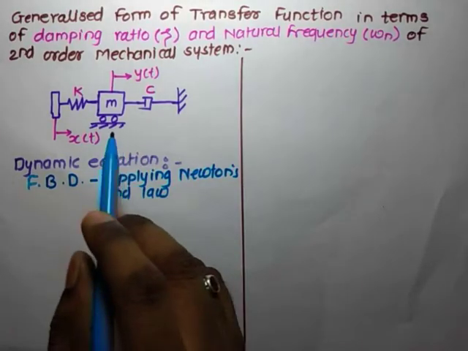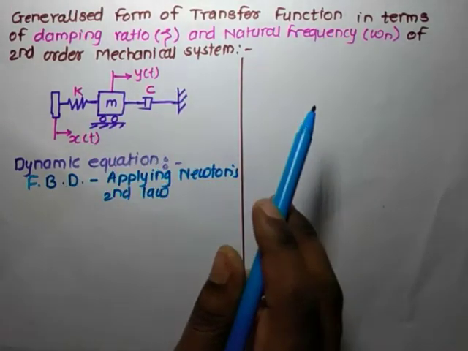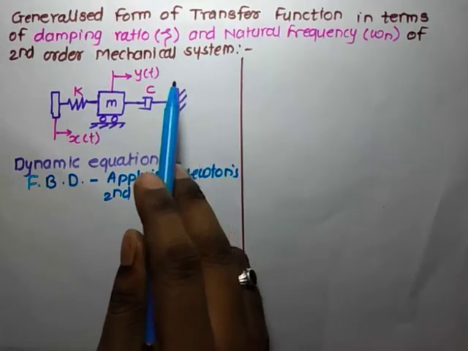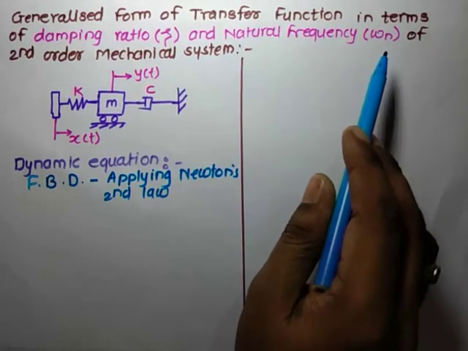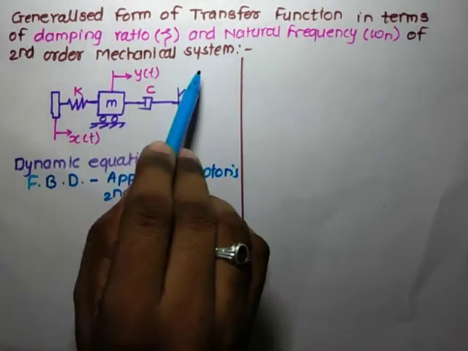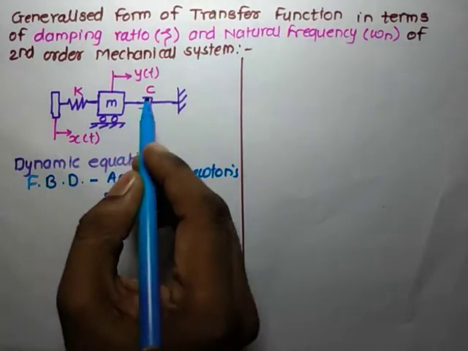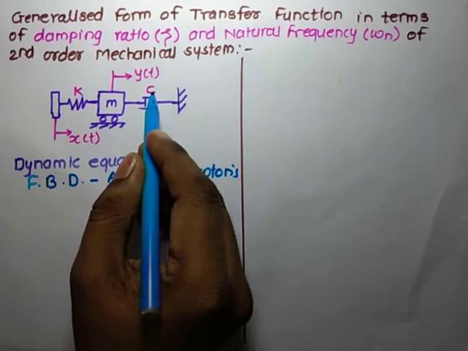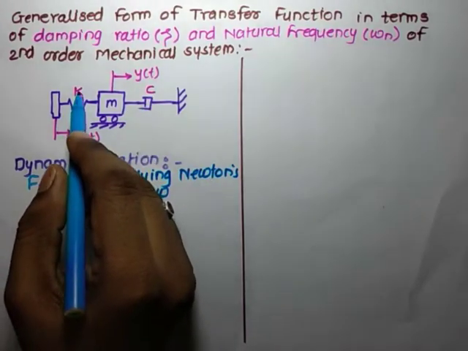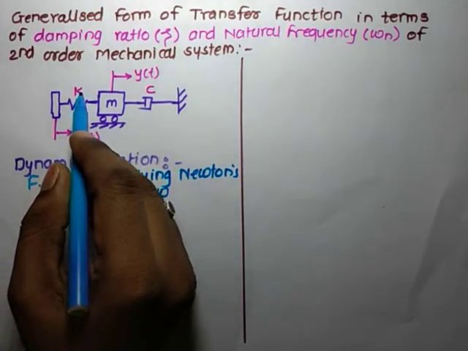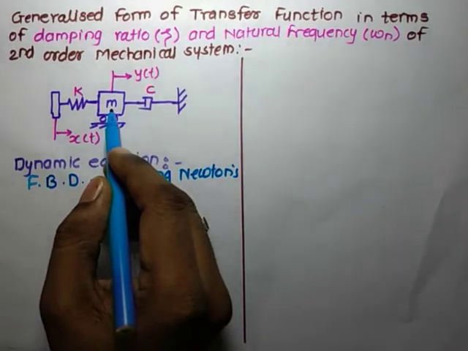Now let us derive a generalized form of a transfer function in terms of a damping ratio zeta and the natural frequency omega n of the second order mechanical system shown in the figure. This system, as we discussed earlier, consists of a damper of damping coefficient C, an elastic member of spring constant K, and an inertial body of mass m.